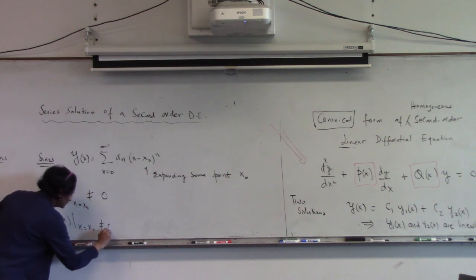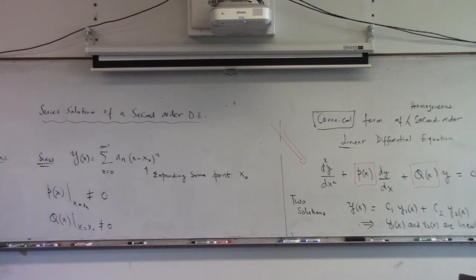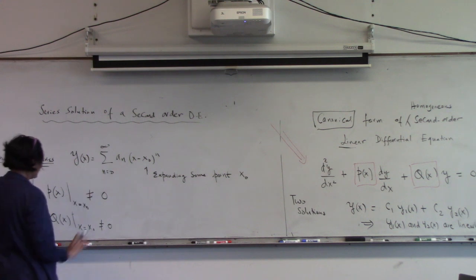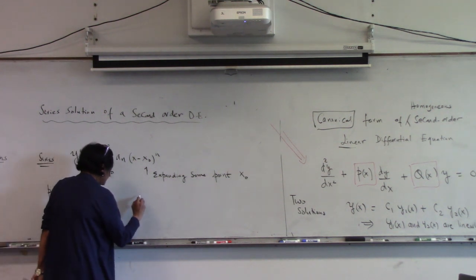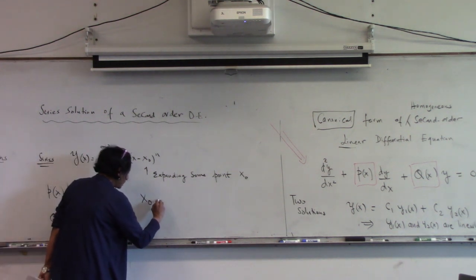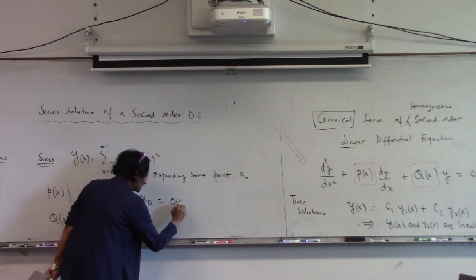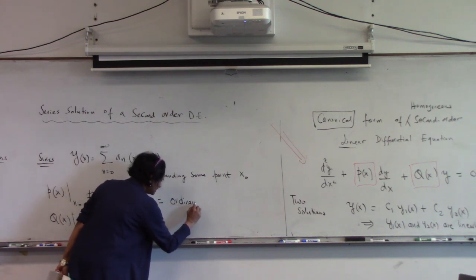That is, p of x and q of x are analytic functions, well-behaved functions. It's not becoming infinity. Then x naught is called an ordinary point, if such a thing exists.